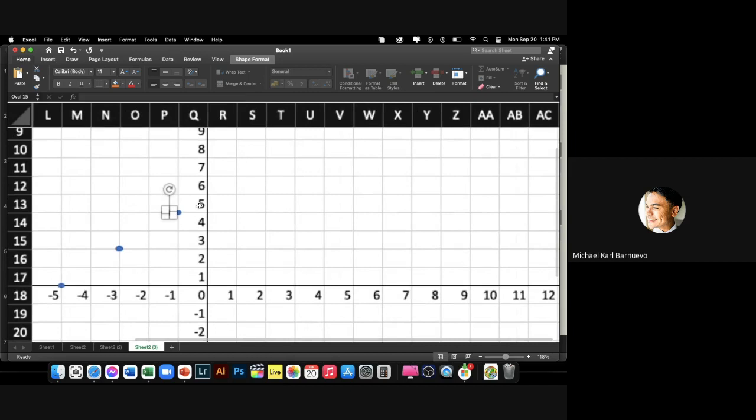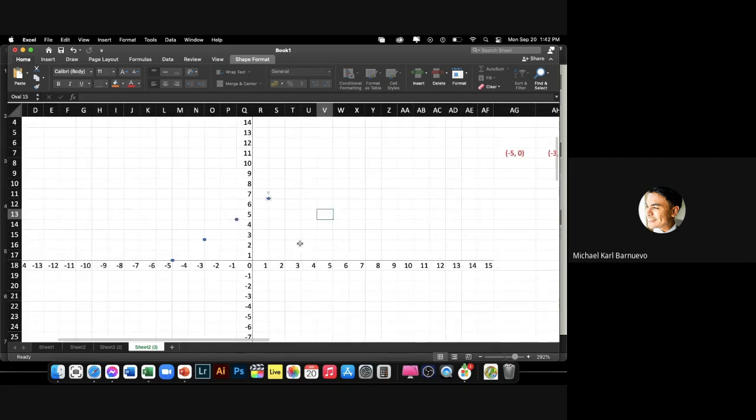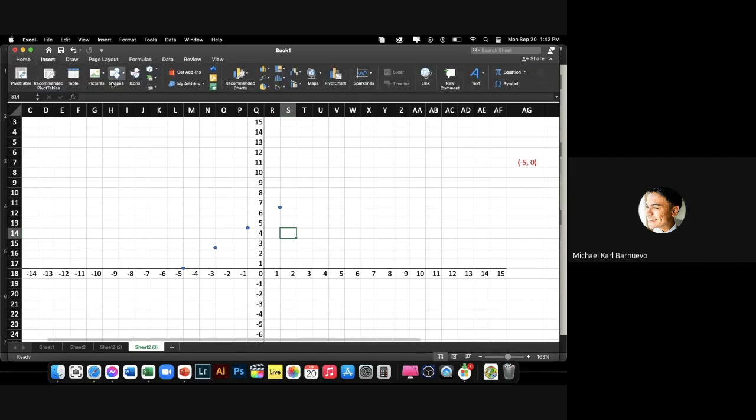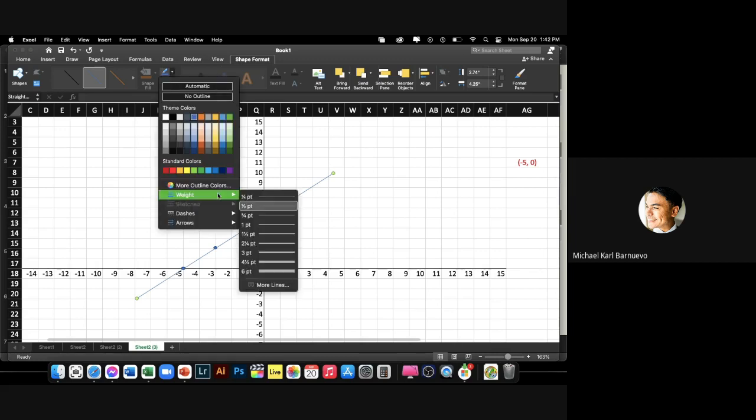Alright, so it's over here. So, once again, just by looking at these coordinates, it's still a straight line. So, let's insert a line. Okay, it's still a straight line. Alright. Very good.